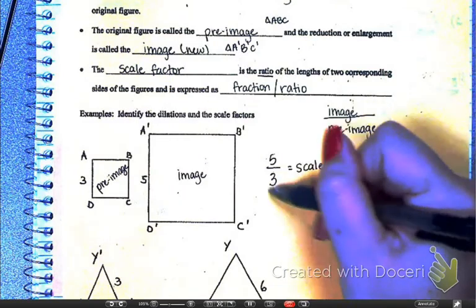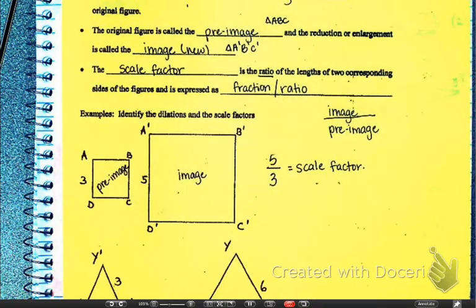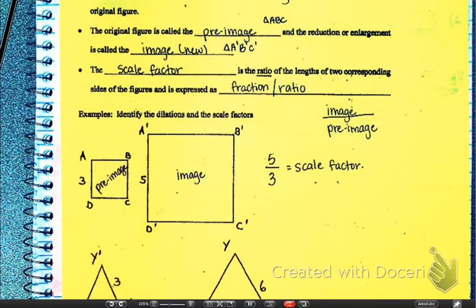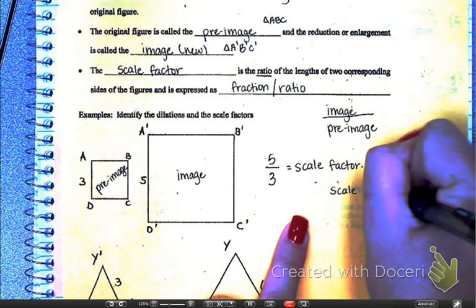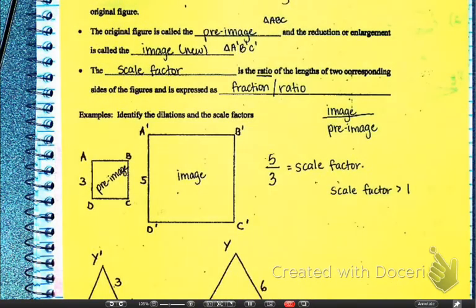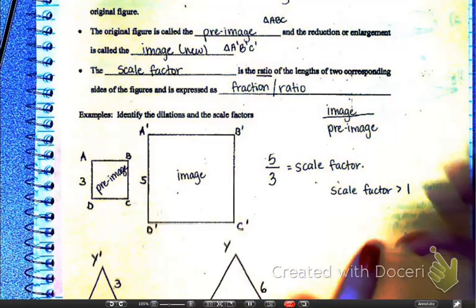This number, if I were to write it as a decimal, what would that number be? Is it bigger than 1 or less than 1? It's greater than 1, right? So if your scale factor is greater than 1, that means your image is going to be larger than your pre-image. You have an enlargement. Okay, so actually let's write that. If the scale factor is greater than 1, you have an enlargement.